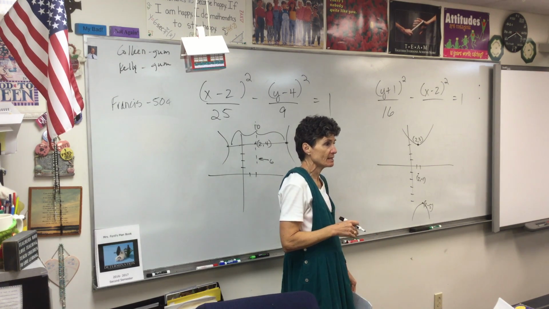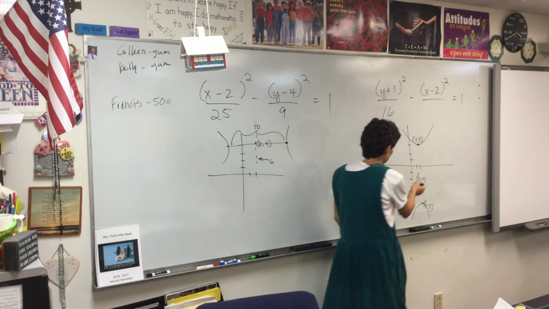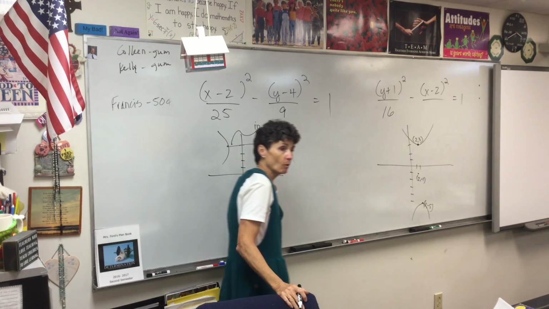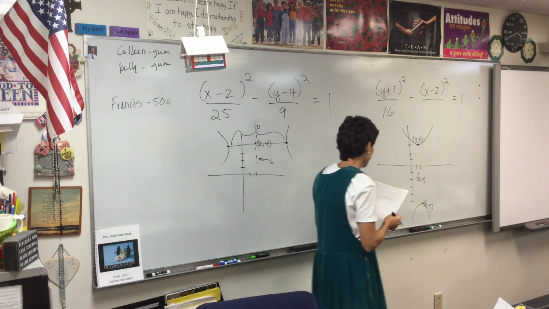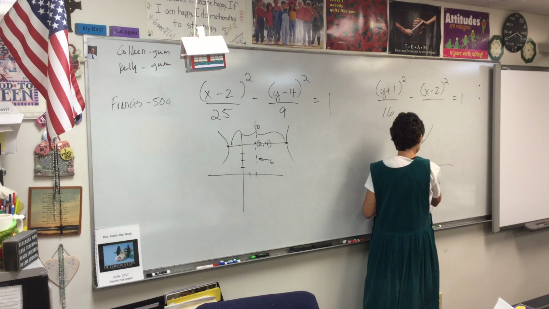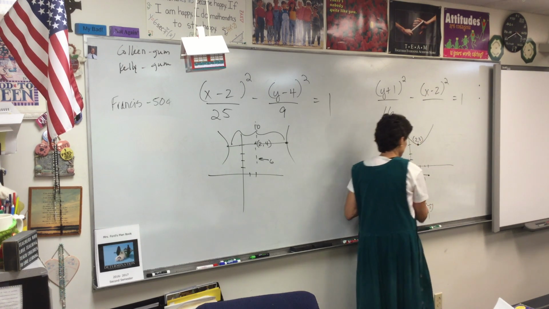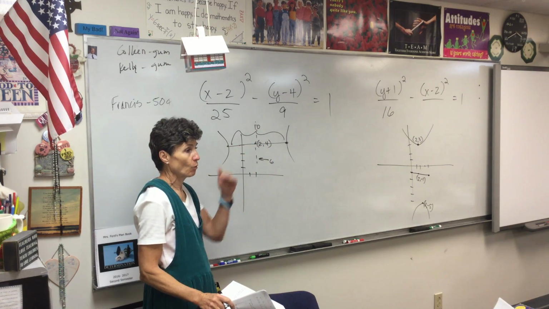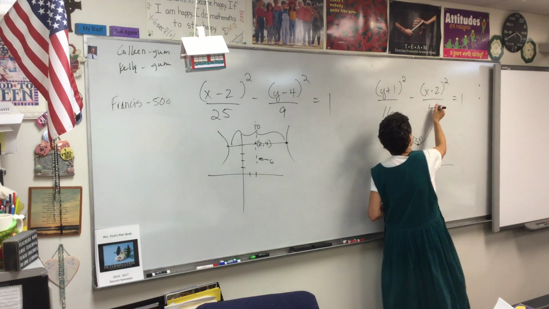You went up and down 4. Very good. Now, in order to get the x, you're going to have to look back at the problem. It says the conjugate axis is at 0, -1, and 4, -1. That's my conjugate axis. So that tells me I'm going back and forth 2, which means 4.